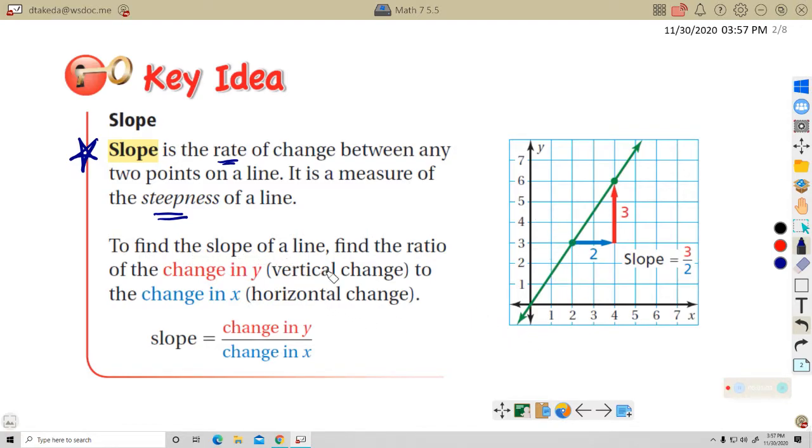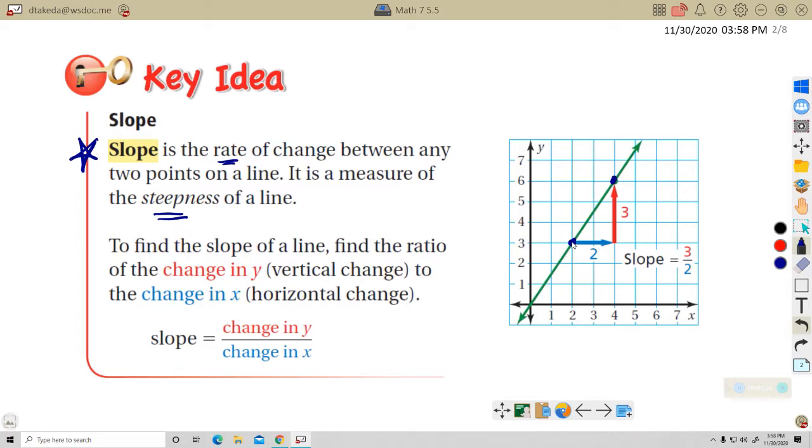To find the slope of a line, find the ratio, the change in y over the change in x. So this is a ratio. In this example, I have 2 points.